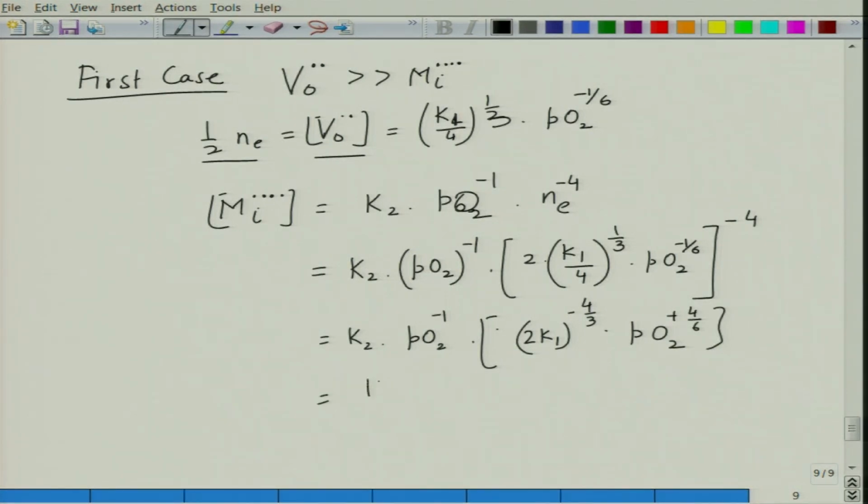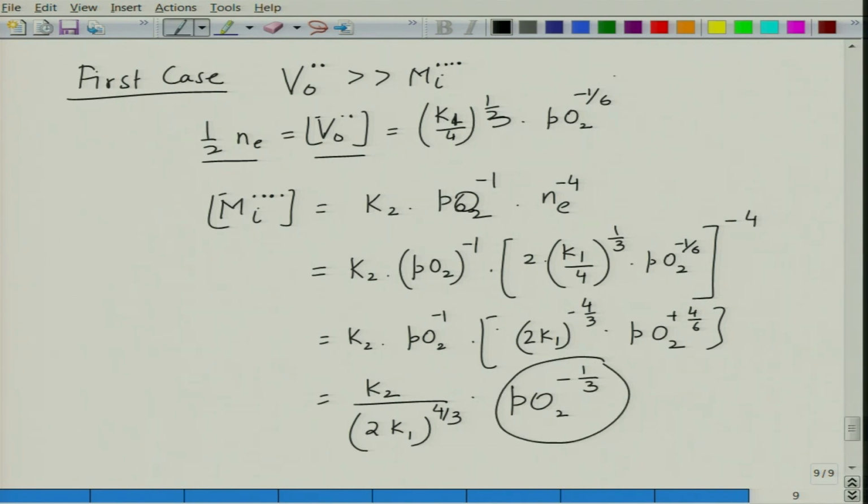So, basically this will be K2 divided by 2 K1 into 4 by 3 into Po2 to the power minus of 1 over 3, all right. So, for the first case when oxygen vacancies dominate over metal interstitials, then your Mi goes as Po to the power minus 1 by 3 and oxygen vacancies go as minus 1 over 6.